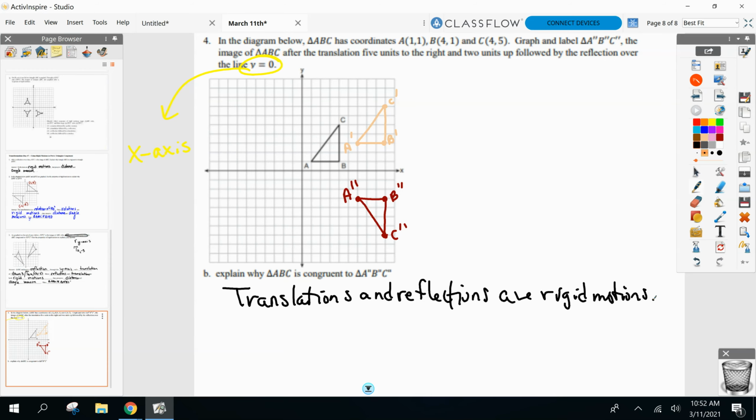Okay, next, what do you know about rigid motions? They preserve distance and angle measure.